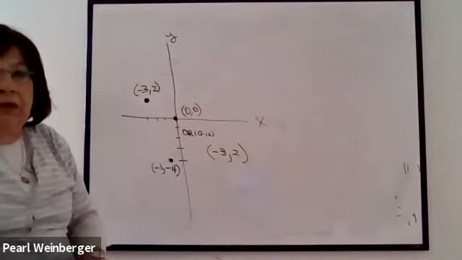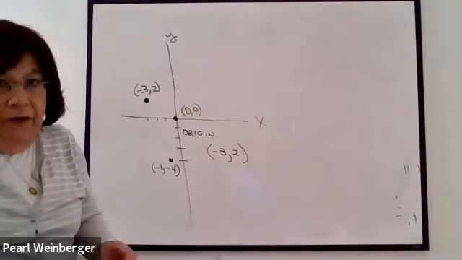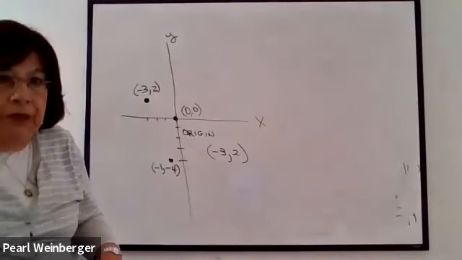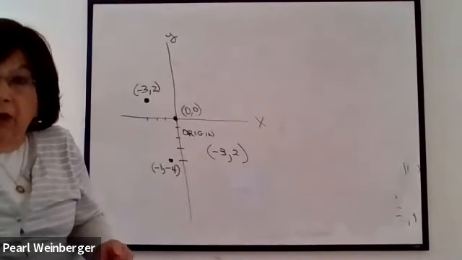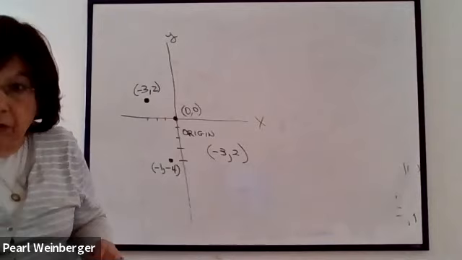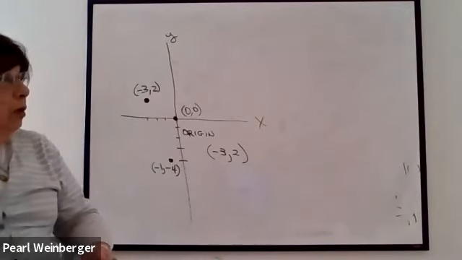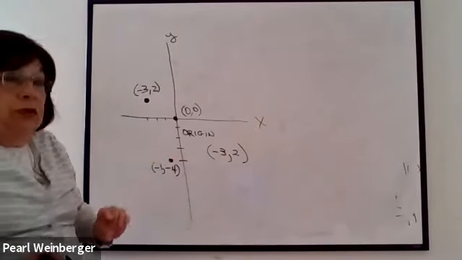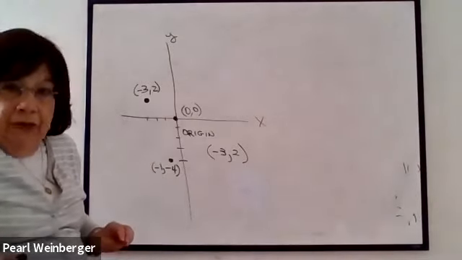All right, so this is the basics of graphing when it comes to points. Now, when it comes to other types of figures, we don't have just numbers, we have equations.